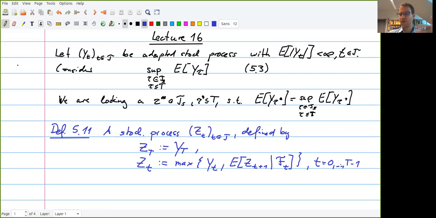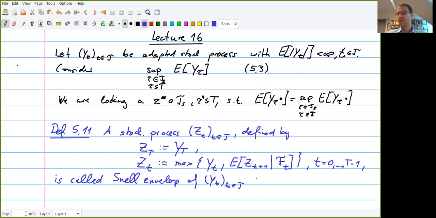This is well defined by this iteration because I know the terminal time, and then I can define it step by step backwards until I get to time 0. This process is then called the Snell envelope of Y.